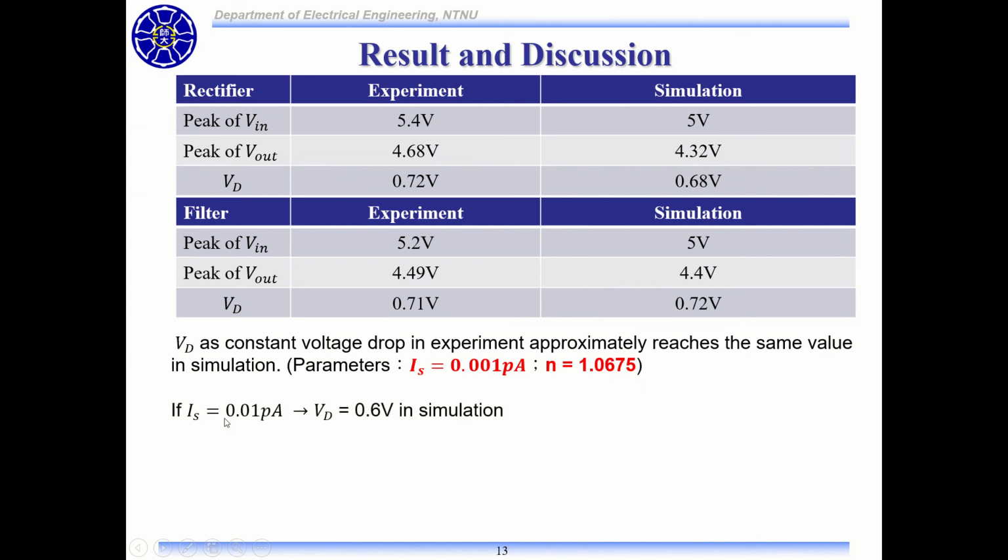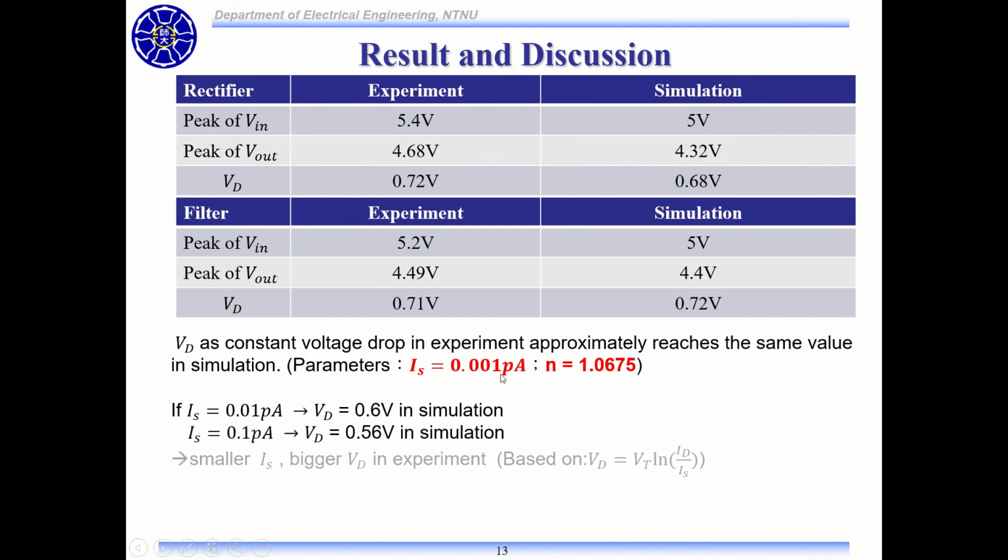If IS equals 0.01 picoampere, VD is 0.6 volt in simulation. We can see that the smaller IS, the bigger VD in experiment.